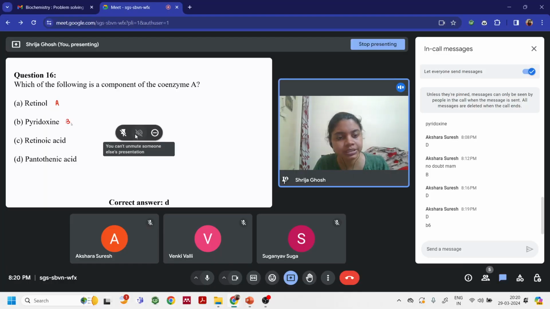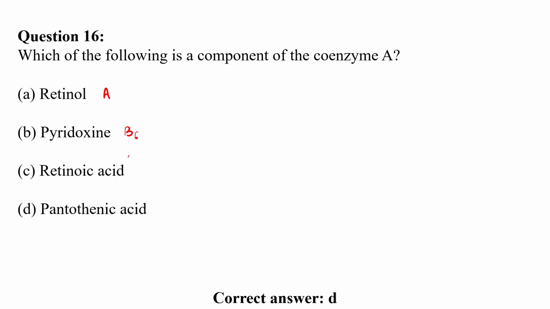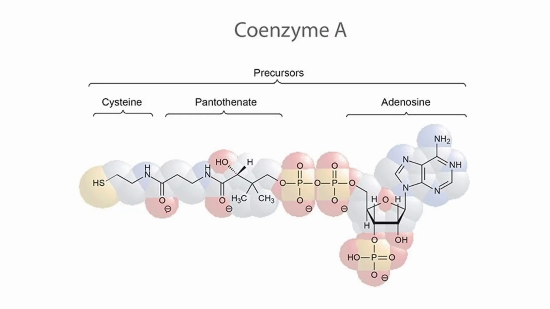Pyridoxine is vitamin B6. Okay. Retinoic acid is derived from retinol only. So it is part of vitamin A. Pantothenic acid, what is pantothenic acid? It is vitamin B5. Okay.